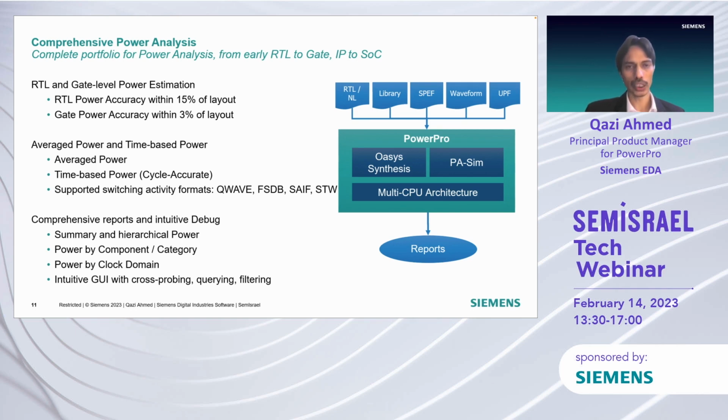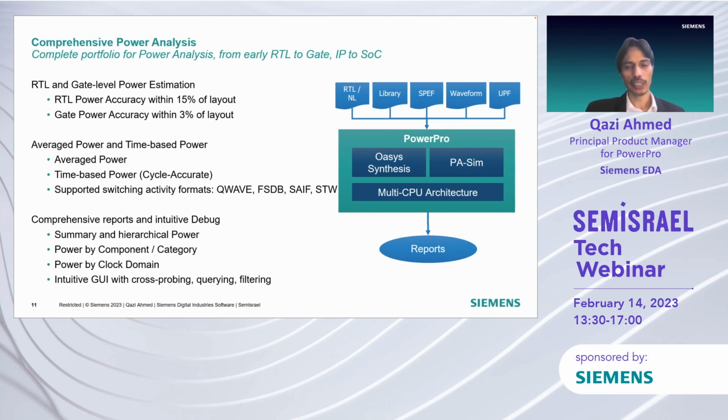So if you're doing power estimation for early RTL or late stage RTL, compared against layout or sign-off level power numbers, PowerPro's RTL power numbers will be within 15%. Usually they're better, even sub 10%, but 15% is what we really say.